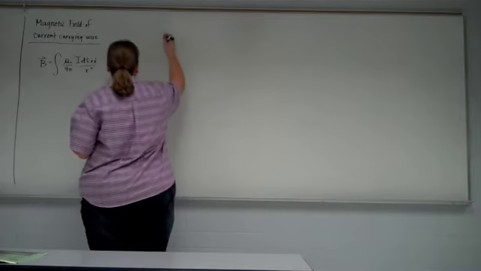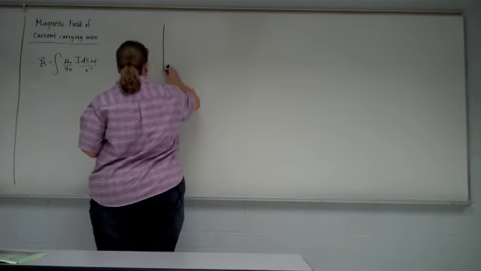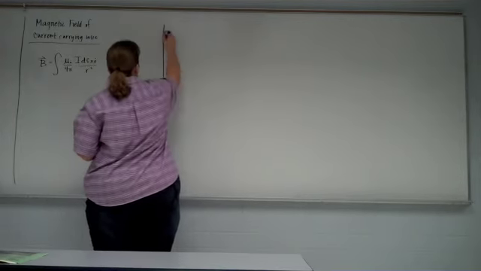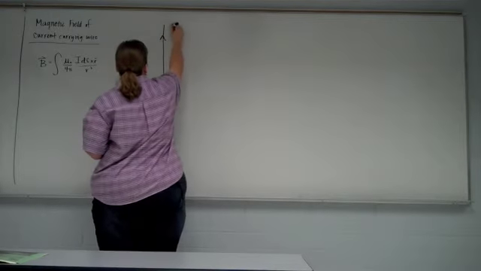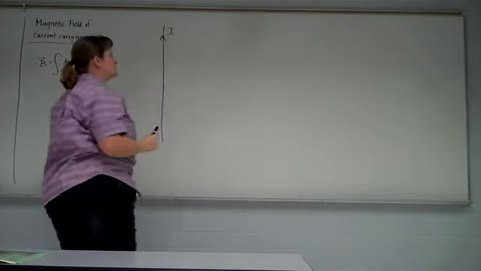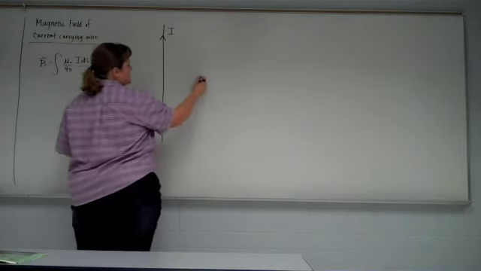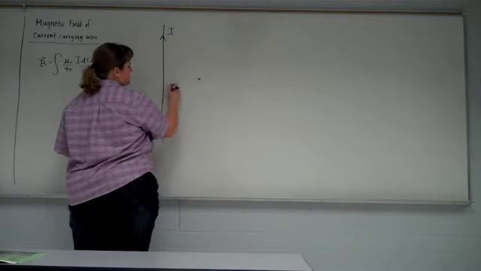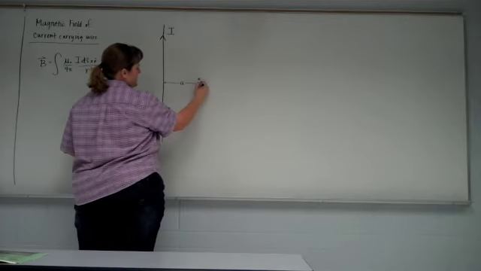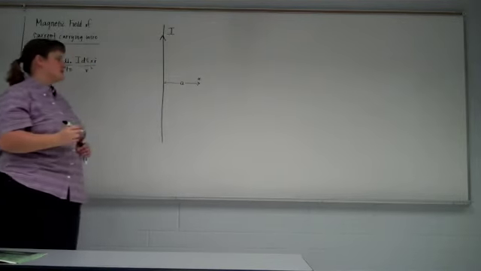So, for example, let's derive the equation for a long straight wire. We'll say it's carrying current I towards the top of the board. And let's say we want to know the magnetic field strength at a distance of some A perpendicularly from the wire.